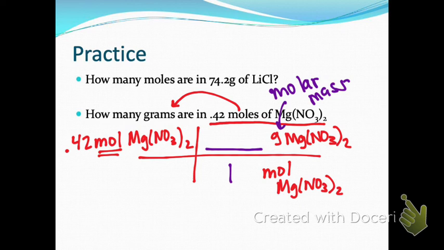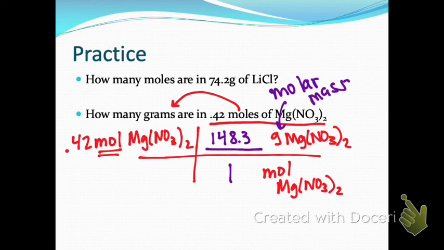So we need to calculate the molar mass of magnesium nitrate. I had it at about 148.3. I don't know if that's similar to what you had. Close?